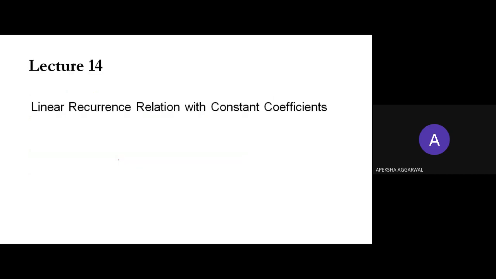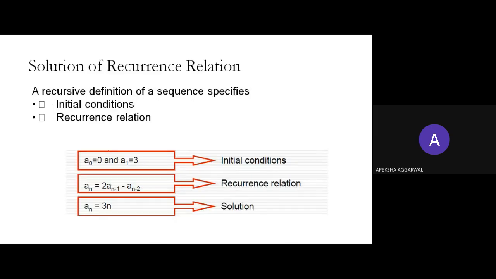Okay, let's start with lecture number 14, which is linear recurrence relations with constant coefficients. Now, recurrence we have seen. Every recurrence has three things. First is initial conditions. You will specify the initial constants a0, a1. A recurrence is a function that is calling itself, so an is calling an minus 1, an minus 2.